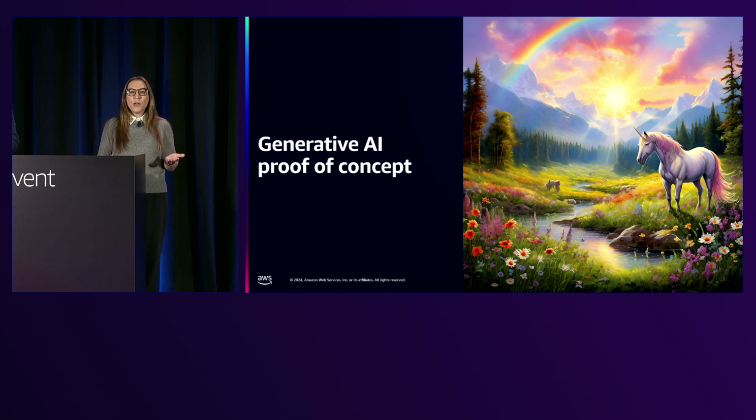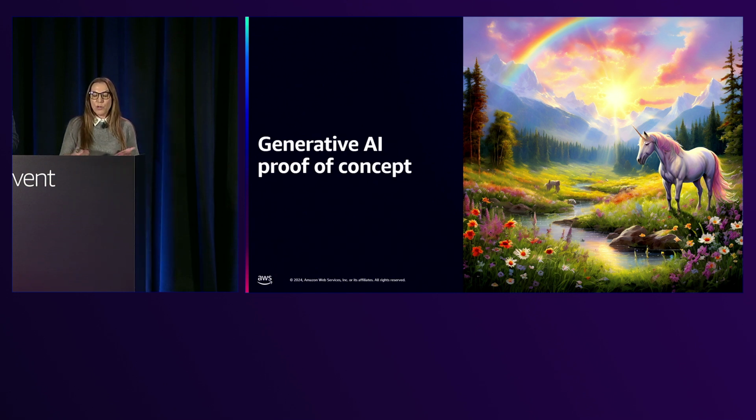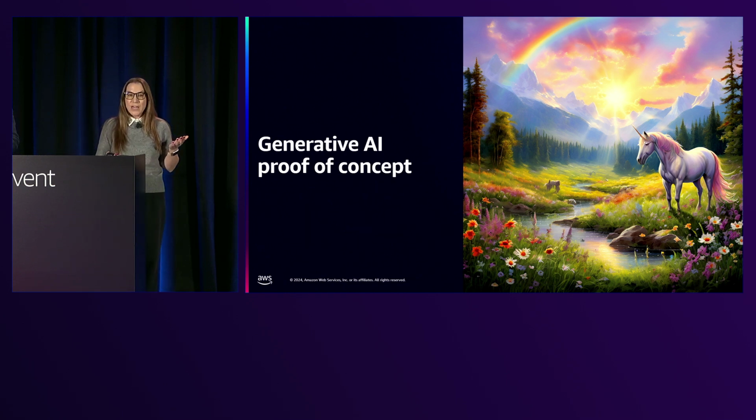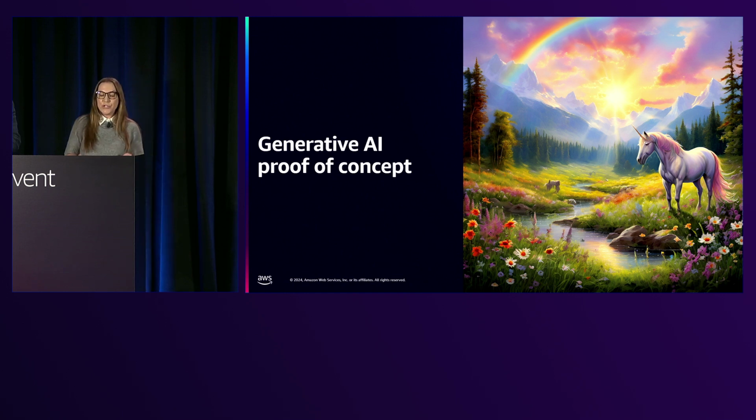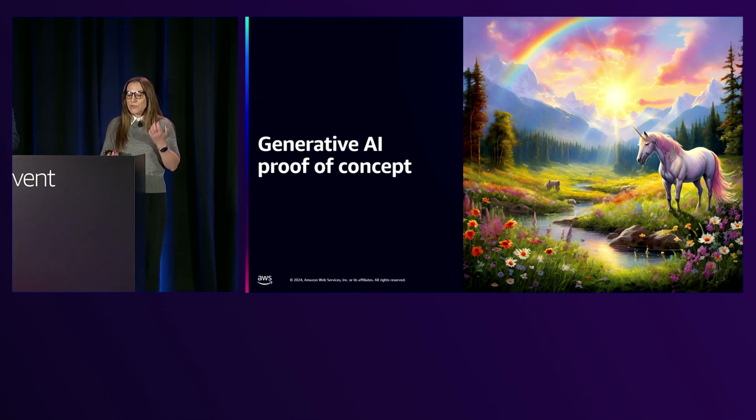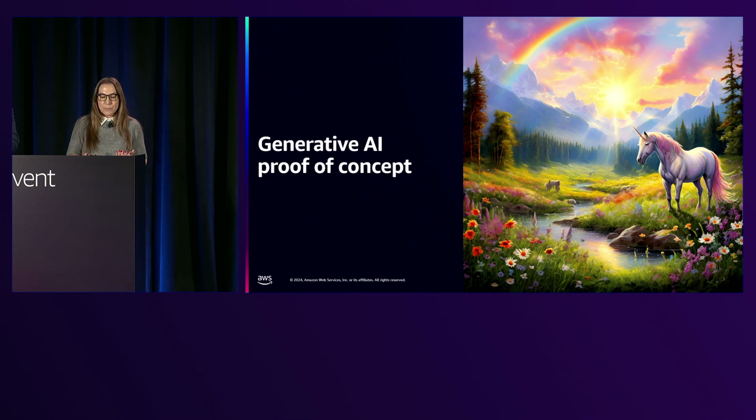So imagine quickly building a customer service bot that handles inquiries in multiple languages. Or maybe a medical imaging tool that assists in early disease detection. In education, you could prototype an AI tutor that adapts to each student's individual learning style. And these revolutionary ideas, once requiring months of development, can now be conceptualized and tested in a matter of days.